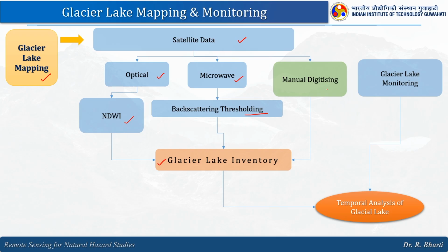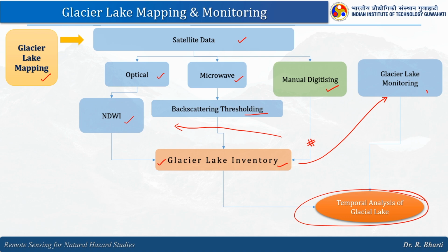And manual digitization is also an option, and it can also be used to validate or correct some of the lake features coming from optical and microwave processing. And then these are used for glacial lake monitoring, and then temporal analysis of the glacial lake can be done.